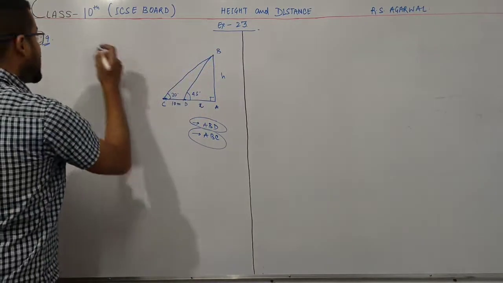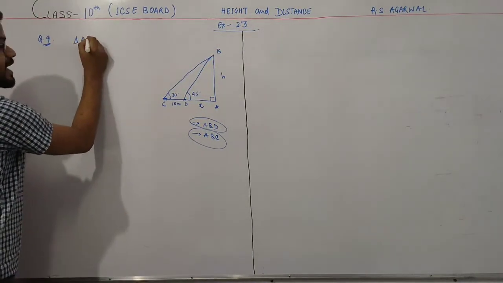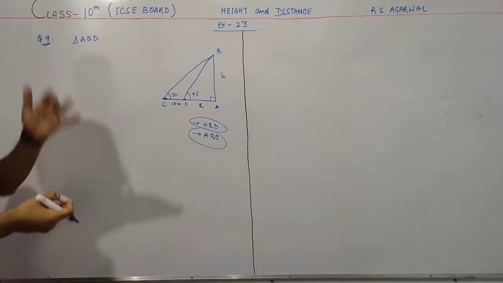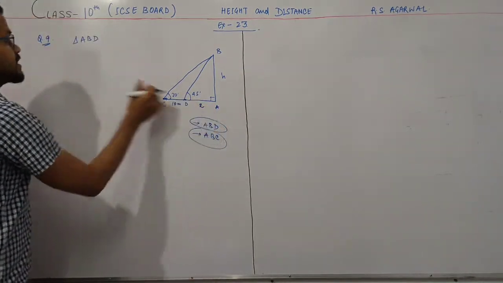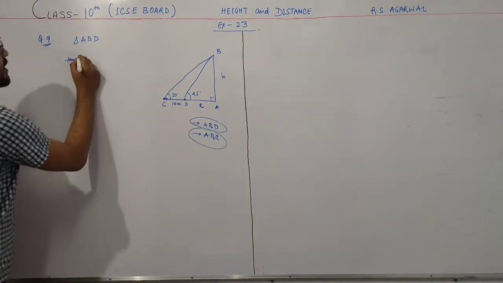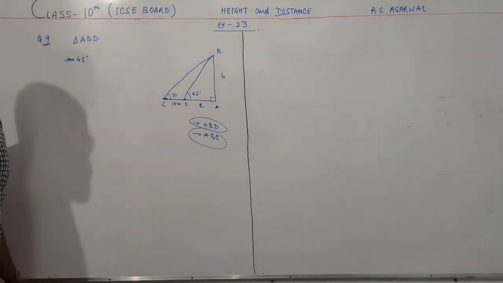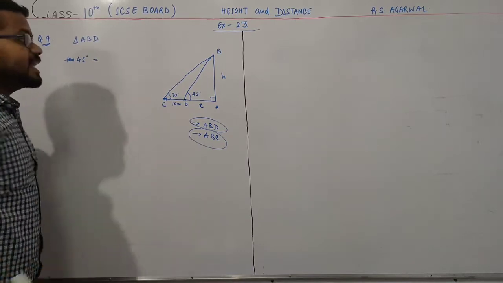Firstly I will take triangle ABD. In triangle ABD, this is the height and this is the base. So I use tan 45 degrees. Why do I take tan here?